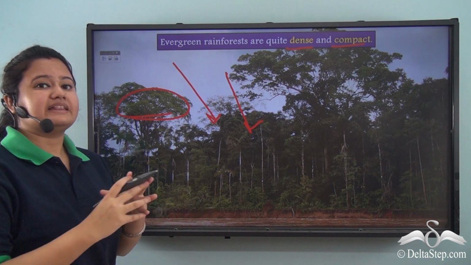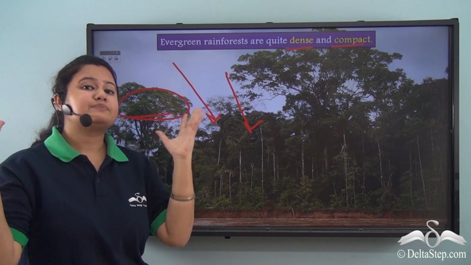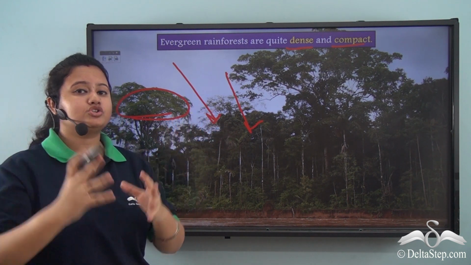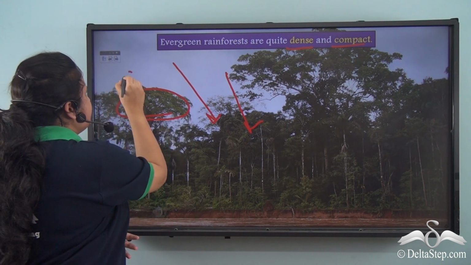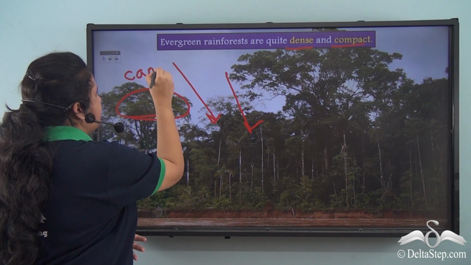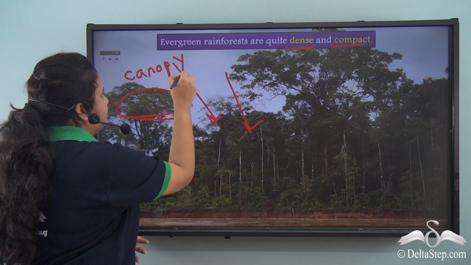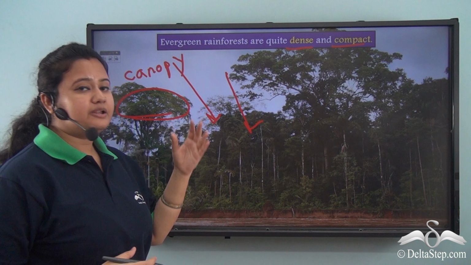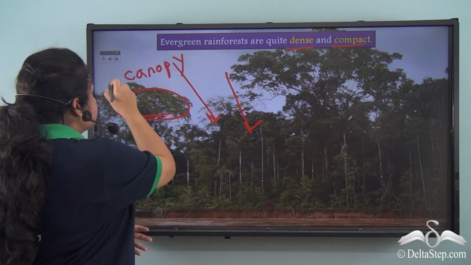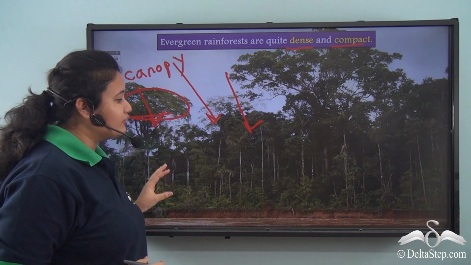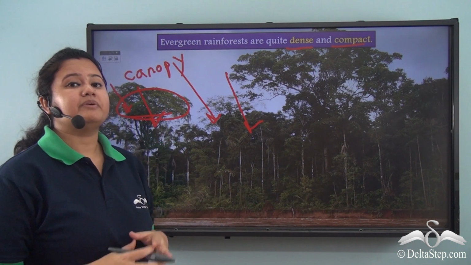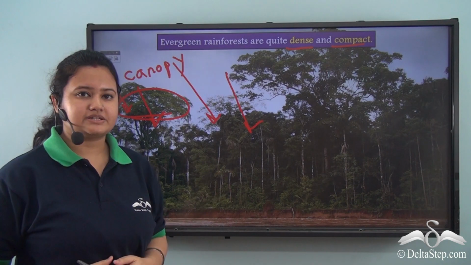Canopy means that these trees have spread out branches in order to absorb maximum sunlight. So these spread out branches of the trees are known as canopy. Now this canopy further reduces the scope of penetration of sunlight, and therefore the forest floor remains dark and moist.